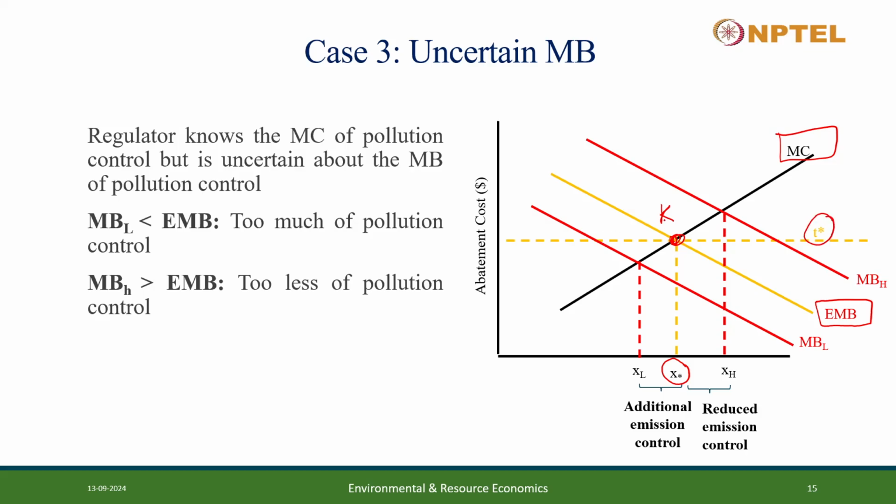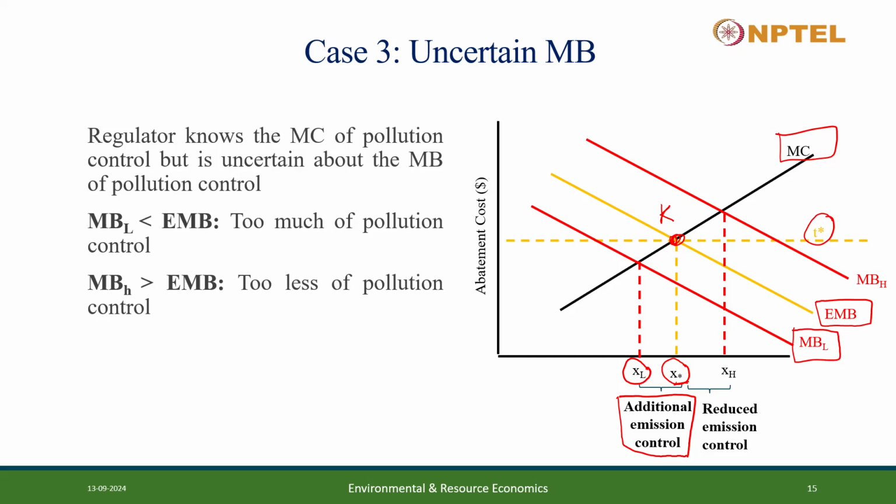So when the tax T star is imposed, the firm having lower marginal benefit will abate till this point X star. However, its optimum level was XL. So this difference will be my additional emission control, which I'm forced to do.